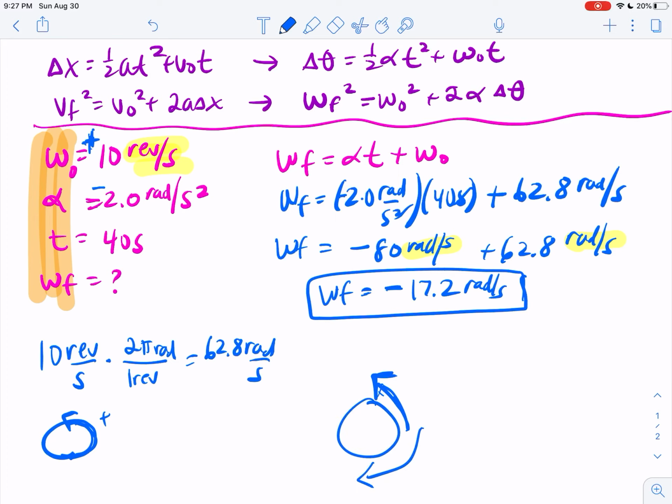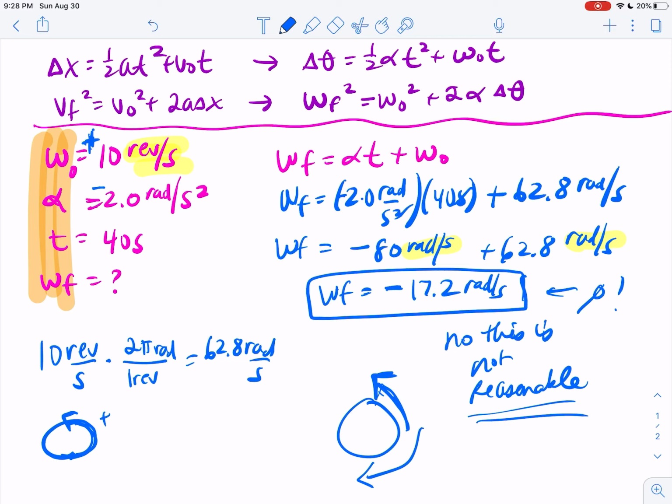So that doesn't really make sense. I mean, in theory, I guess if you continued to push it, it could go the other way, but I don't think propellers probably work that way. They probably just kind of spin one direction, I would think. So I would say, no, this is not reasonable, because I feel like this should max out at 0, and then it stops and then it's over. So I would say this is not a reasonable situation. Okay, and that's the example.